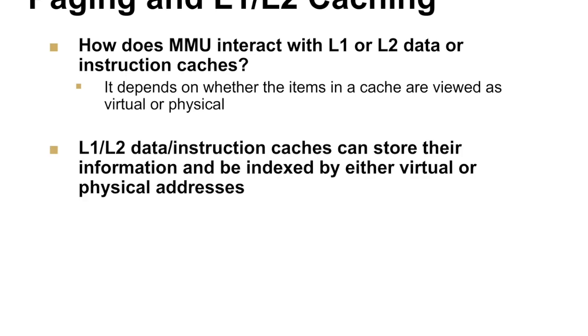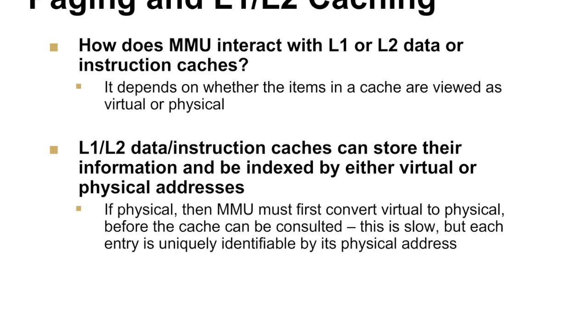So think about this. If we store the information by the virtual address, then we could look it up. But that wouldn't give us any information about where it was in memory. We'd still have to do those things. So it may be that we want to look up things both ways.